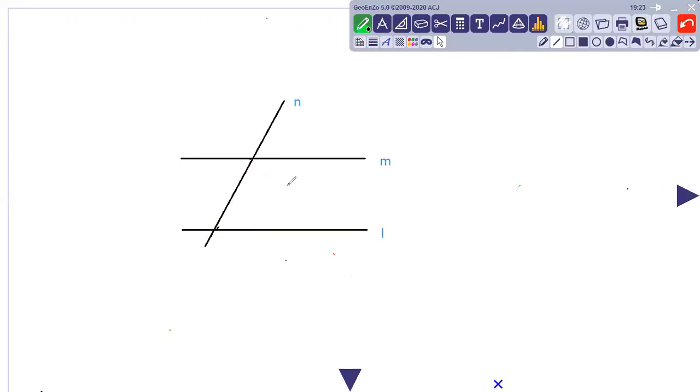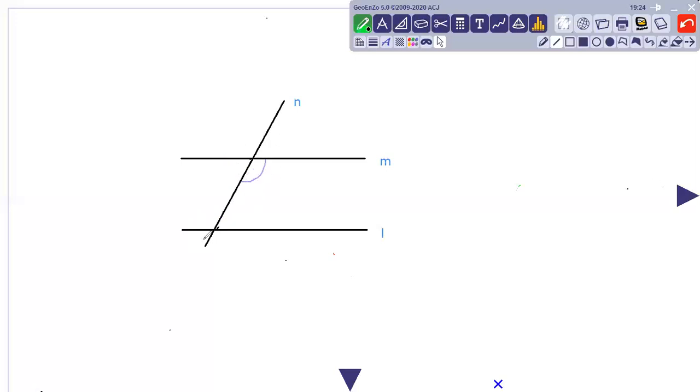Point number two was these two angles are supplementary, interior angles on the same side of the transversal. Further, these two angles are also supplementary. They together will give you 180 degrees. They are on the same side of the transversal, interior angles. And the third point was alternate interior angles.